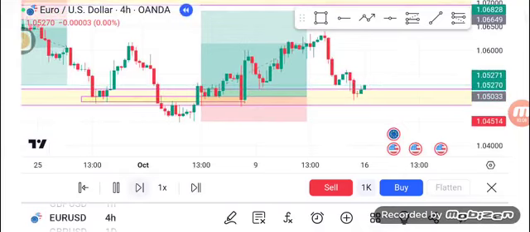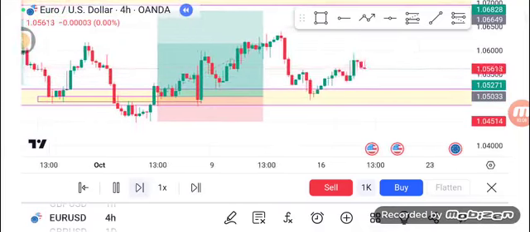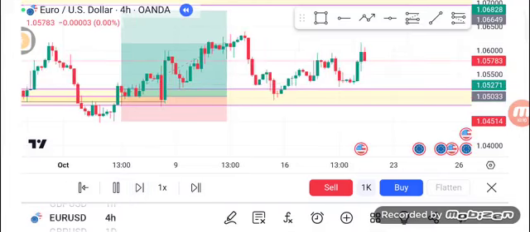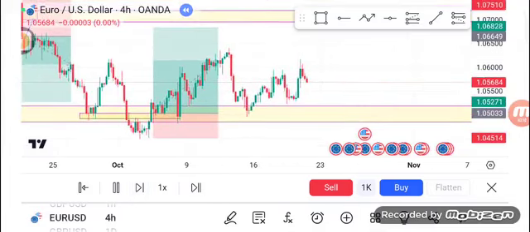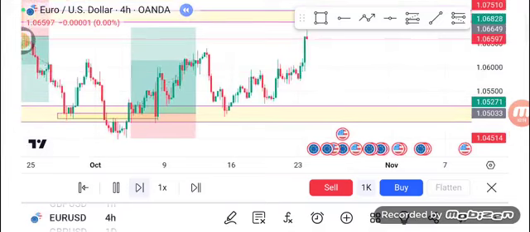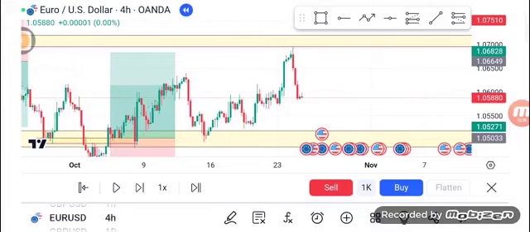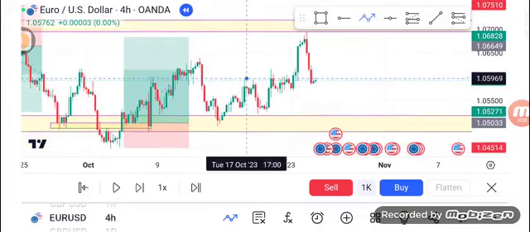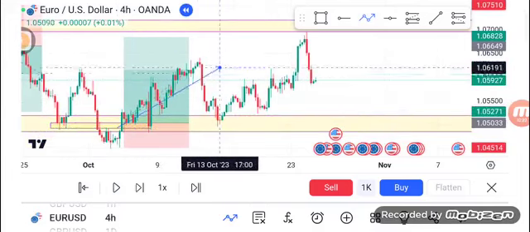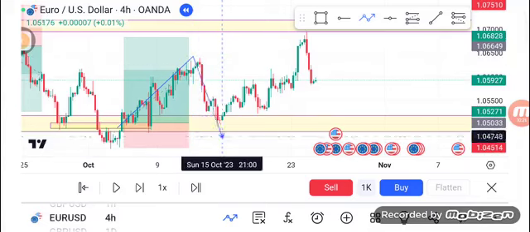I think the market doesn't want to respect our analysis. But another thing you need to know is you need to work on your emotions, because sometimes the market will decide to play with your emotions. Okay, imagine the market going in favor, reaching here, and it drops, boom.